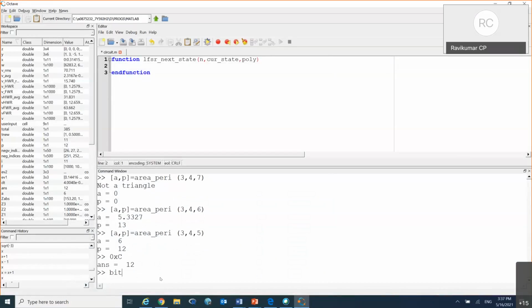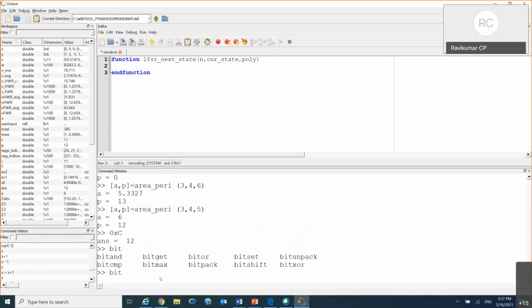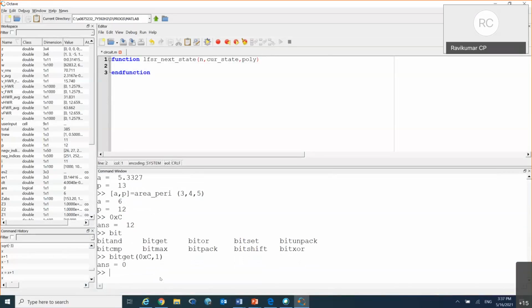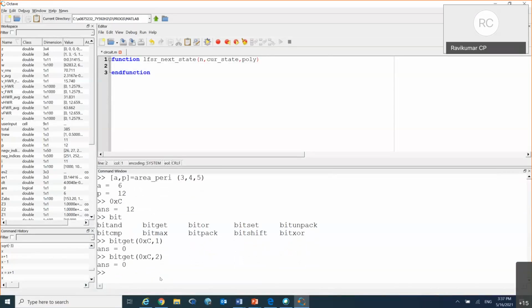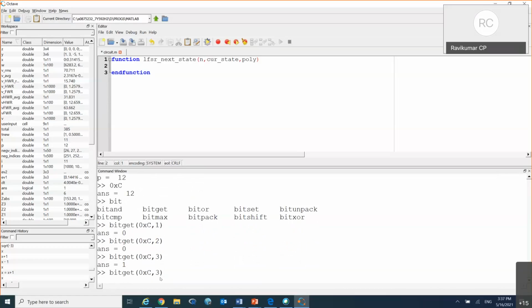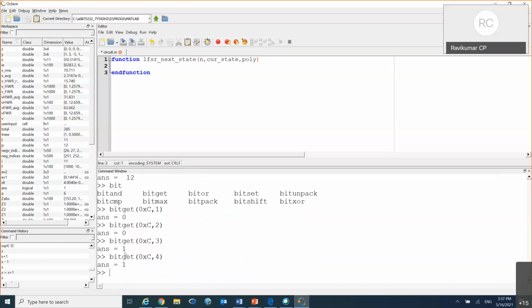You can use bitget. If you say bitget of 0xc, let us say 1, and then 2, then 3, then 4, it will give you 1100. So like this, this is 1100.